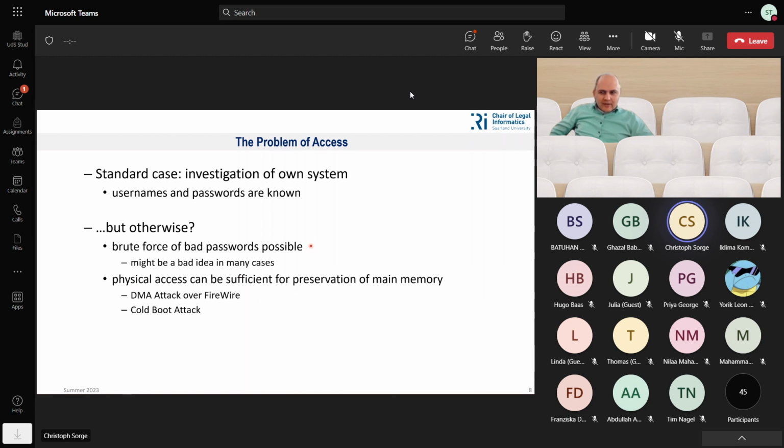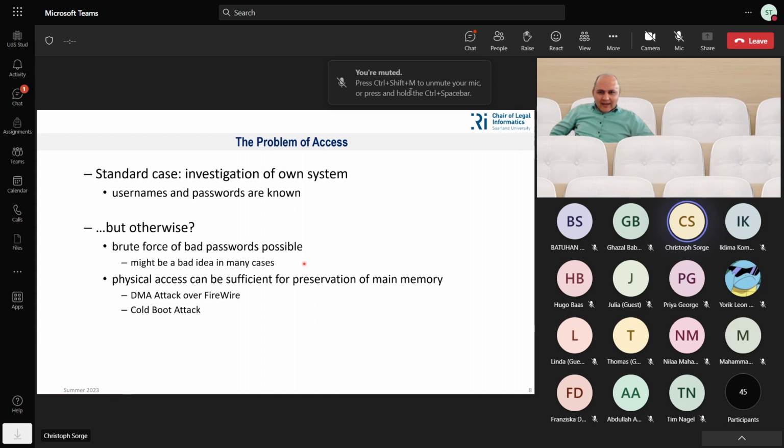Other than that, of course, brute forcing passwords might take a very long time and might also fill log files, for example, with entries about unsuccessful entry attempts. So in the worst case, that will cause other data to be overwritten. So it's something that I would want to avoid.